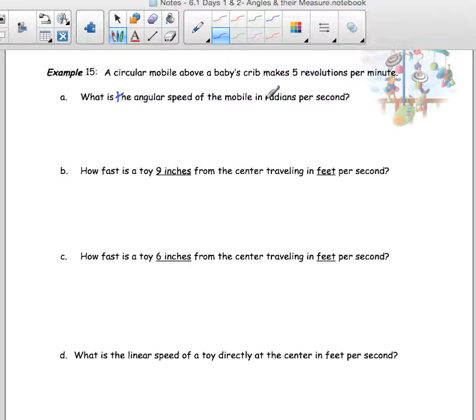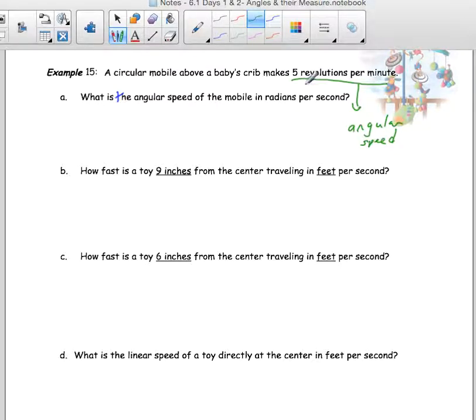So here we're given the context that we have a circular mobile above a baby's crib, and it makes 5 revolutions per minute. This 5 revolutions per minute is an angular speed. We know it's an angular speed because it's talking about how many turns something makes per minute. It's a rate of change in angle per unit of time.